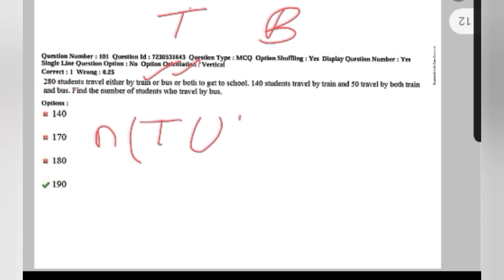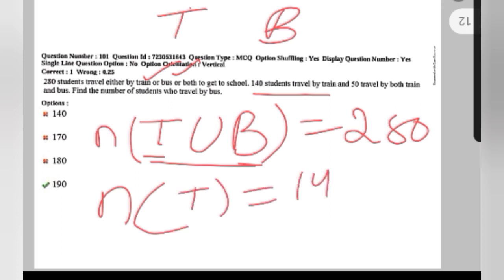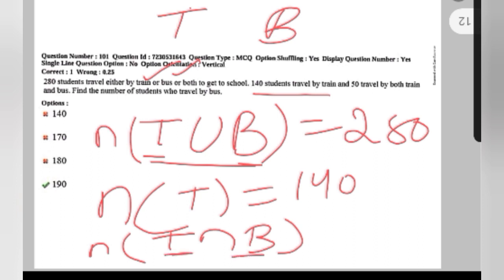The number of students who travel by train or bus is 280, and 140 students travel by train. The number of students who travel by both train and bus, both means intersection, is going to be 50.